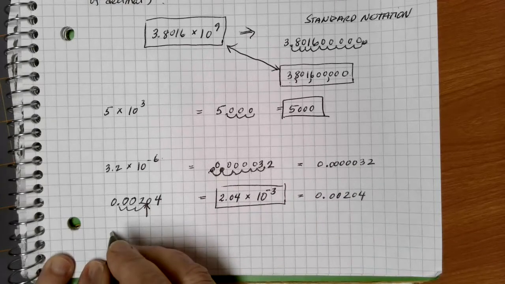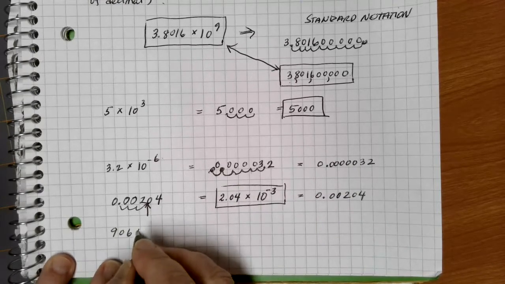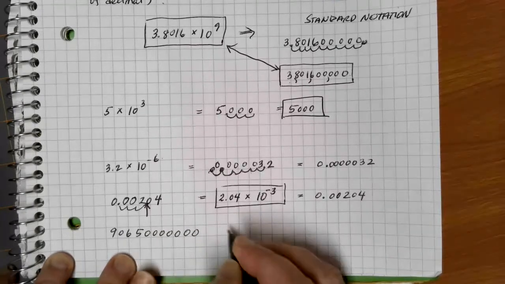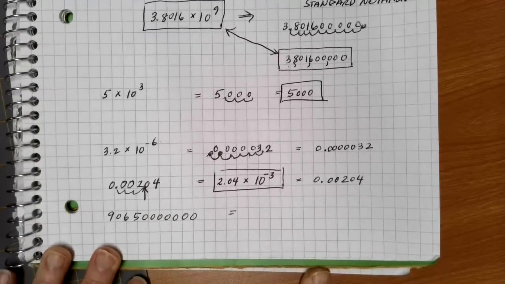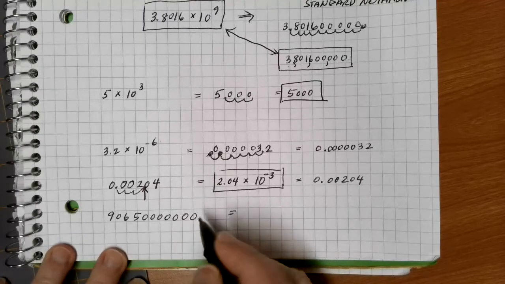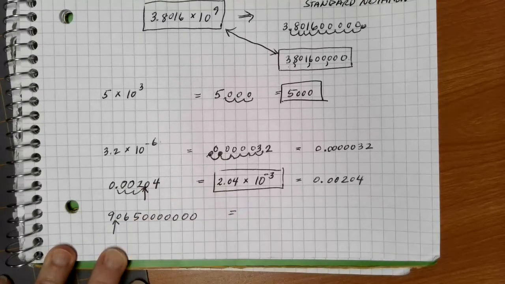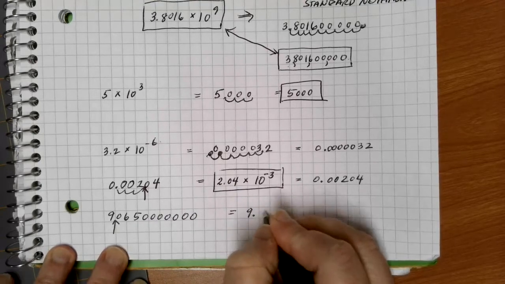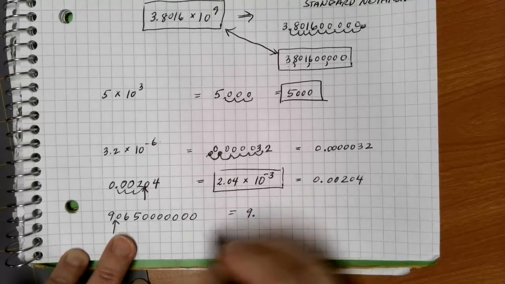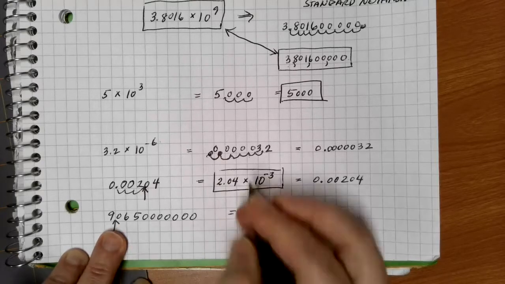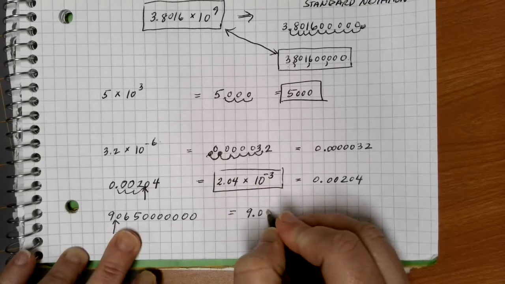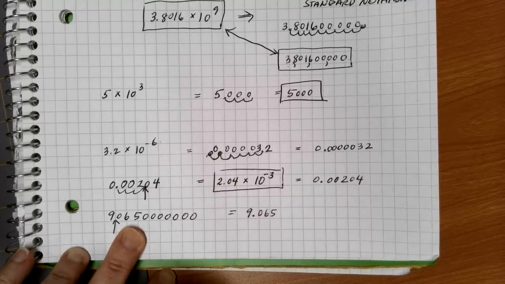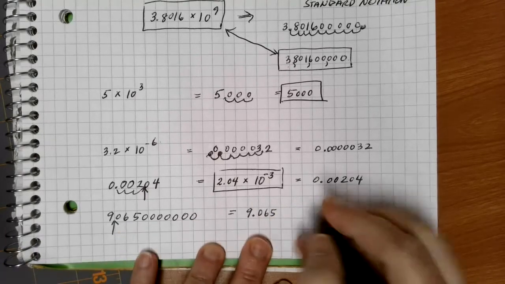Now, let's suppose that we have this number here, 90650000000. All right, lots of zeros. Let's see what we can do here. We look for the first non-zero number that we see, and we're going to place our decimal point right there. In this case, that's going to be 9 point, and you want to keep writing digits until you get all zeros. I have to write this 0 here as a placeholder and the 6, 5, but then everything else afterwards is 0, so I don't need any other additional digits here.